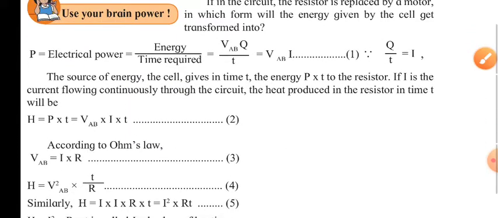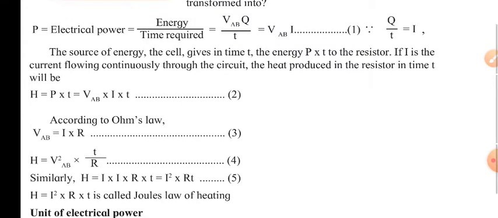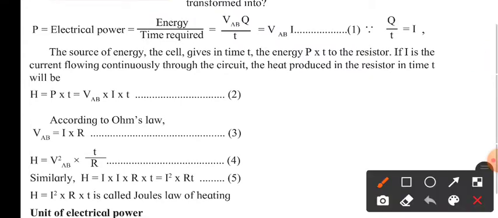Now the electrical power, which we denote by the capital letter P, is nothing but the energy upon time required. How do I get the energy? Energy is nothing but the potential into the charge, and the time required is, let's say, t. For the time t, potential difference V_AB is maintained and the charge Q flows through it.